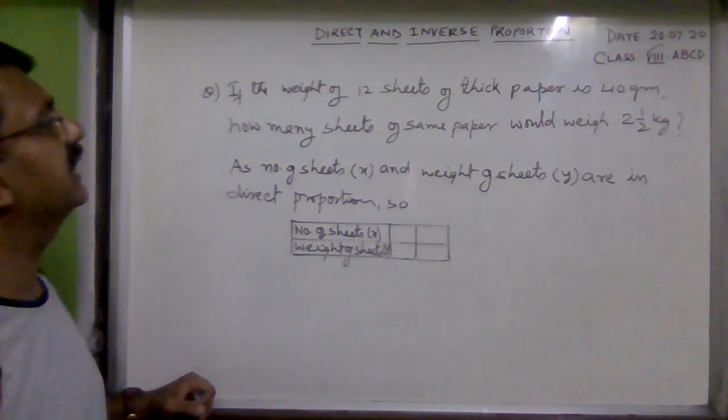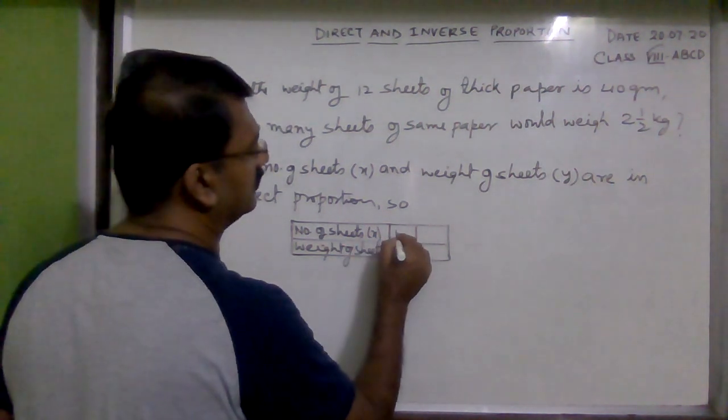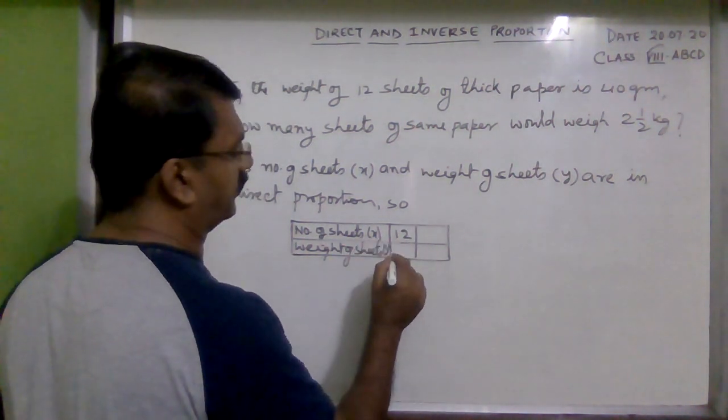Initially how many sheets were there? It's 12 sheets, and what was the weight? 40 gram.